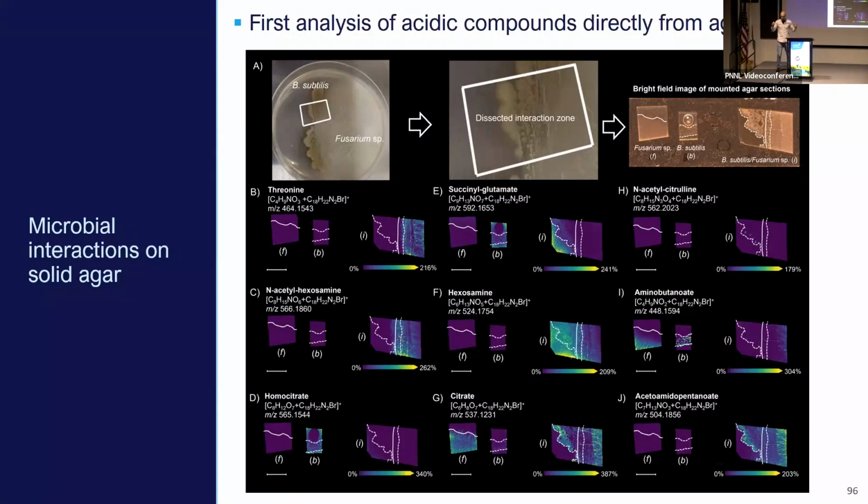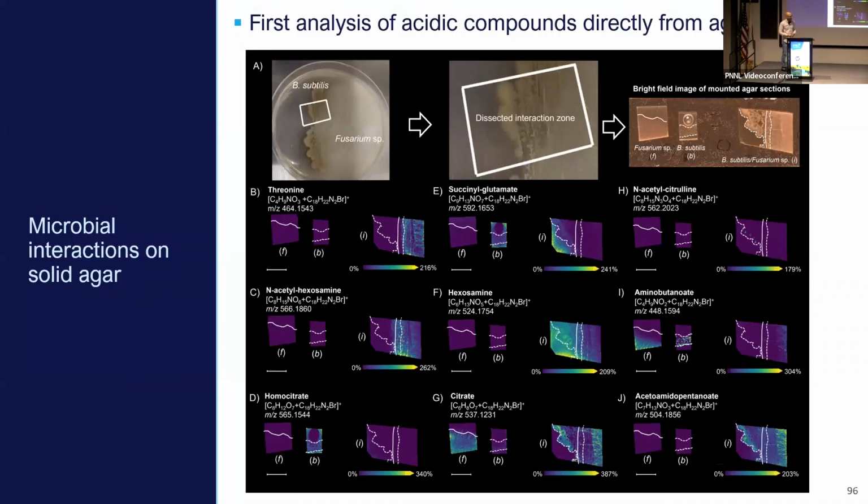And what I want to highlight here is that before, it was a very big challenge to analyze acidic compounds directly from the agar. Because those acidic compounds are usually negatively charged, we actually need to transfer them into negative ions using negative ionization mode, but that was not compatible with the agar chemistry, and due to the negative charge of the agar as well. So using this workflow we bypassed this challenge by converting all those carboxylic acid compounds into positive charge.